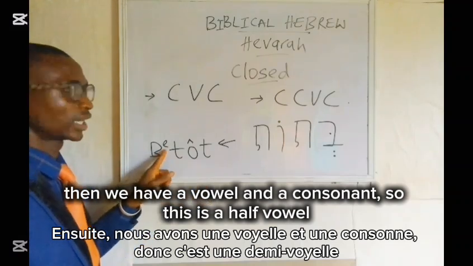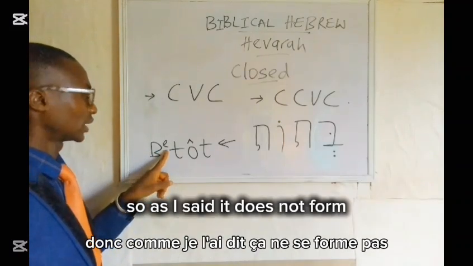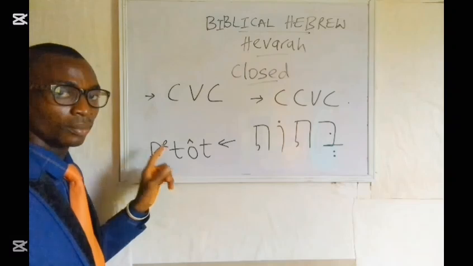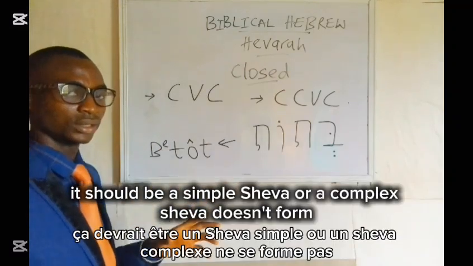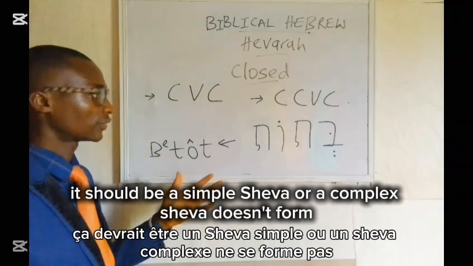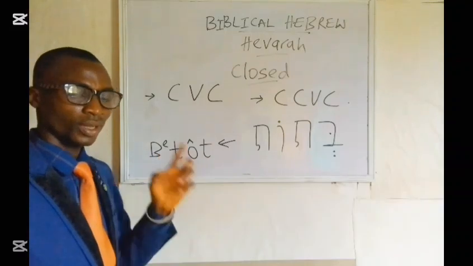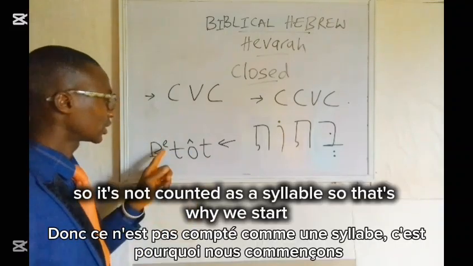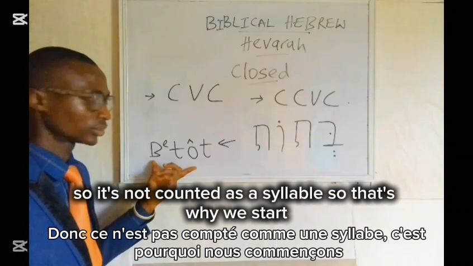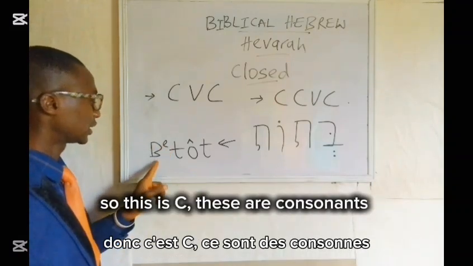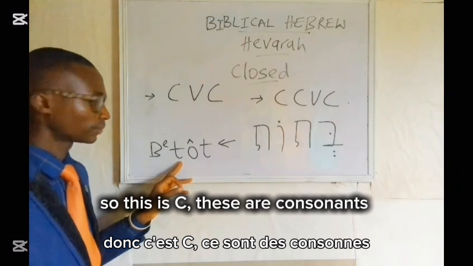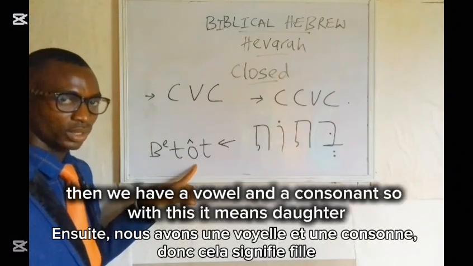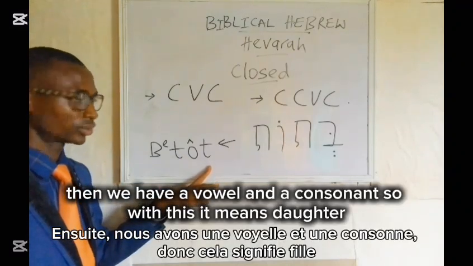So this is a half vowel. I've said it does not form a syllable. A half vowel, a sheva, either simple sheva or composite sheva, doesn't form a syllable, so it is not counted as a syllable. So this is a consonant, move to tav, a consonant, then we have a vowel, then a consonant.